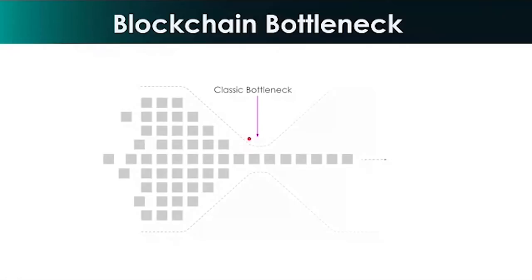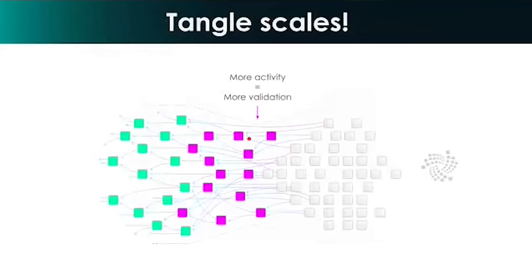So how does the Tangle, the IOTA ledger, which goes beyond blockchain, differ? Here is a very nice way of visualizing the difference. In IOTA, the more transactions that actually occur, the more demand that is occurring, the more validation is occurring. So you can see that the bottleneck gets stretched out.